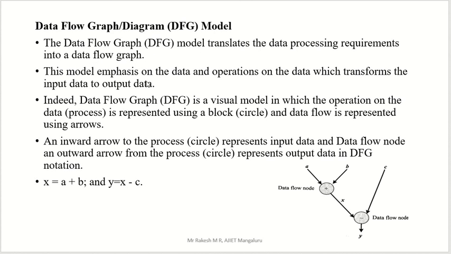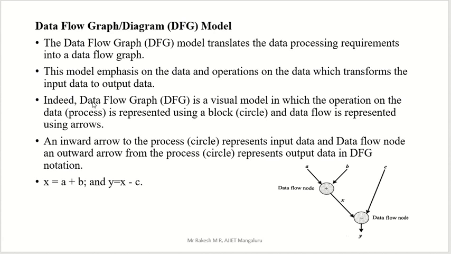This model emphasizes the data and the operation on the data, which transforms the input data to output data. Here we perform some operation on data, and after the operation it gives some output. You can see this diagram here; this is actually your data flow graph. We are going to concentrate on this in the next lines.